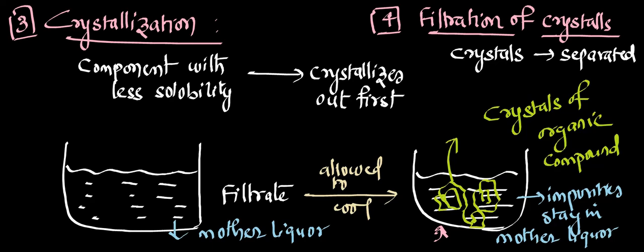Now these crystals may have colored impurities, or we just need to dry them. If they have any wet content of the solvent, we have to dry them, and if any colored impurities are there, we have to remove them as well.